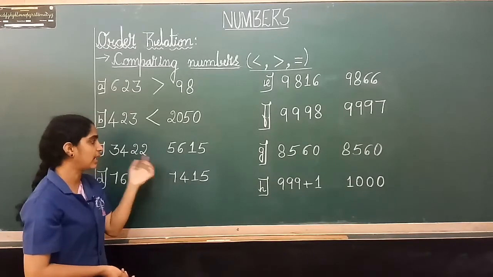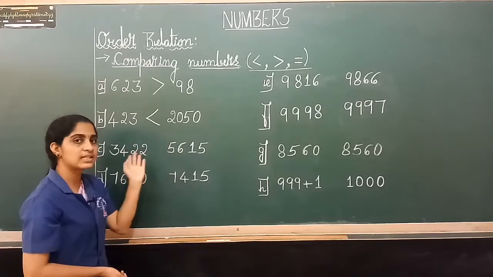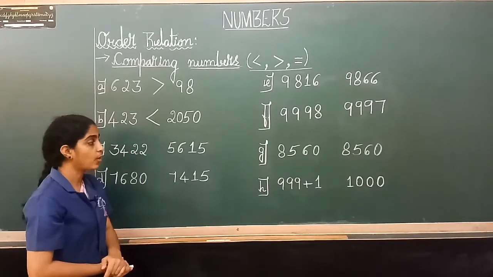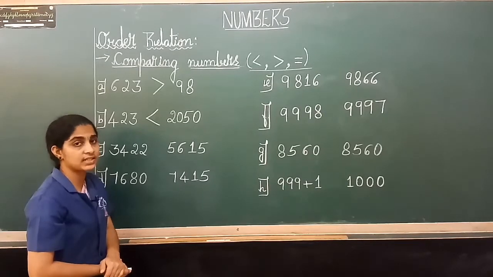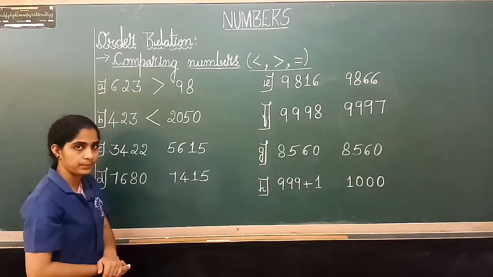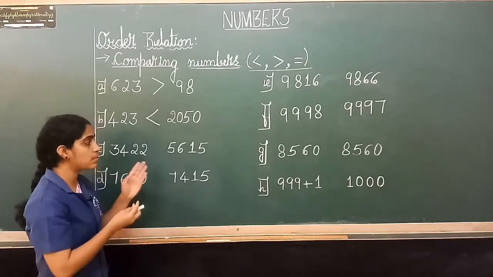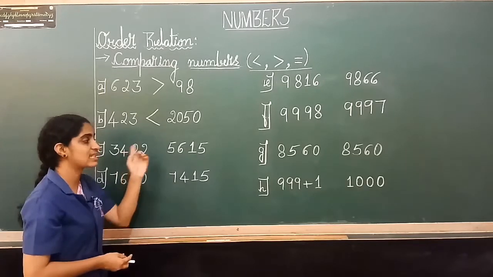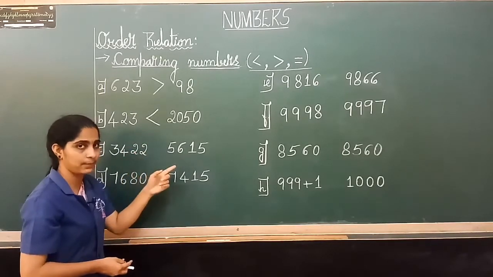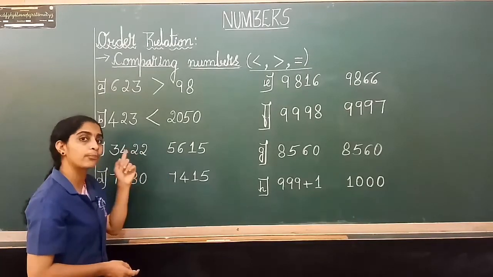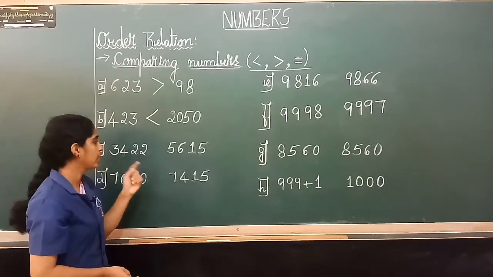You get to know that these numbers are 4-digit numbers, right? Now both the numbers are 4-digit numbers. How can we compare the numbers? When both the numbers are 4-digit numbers, or the number of digits on both sides is the same, we have to see the first digit of both the numbers.